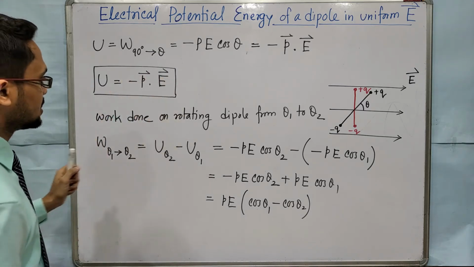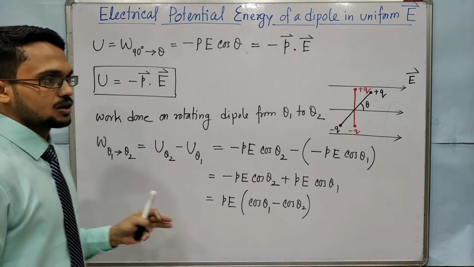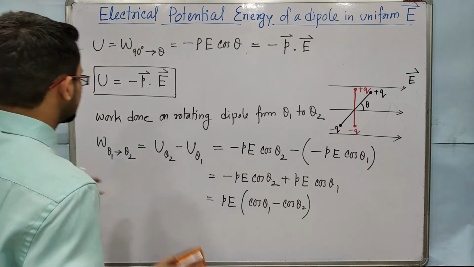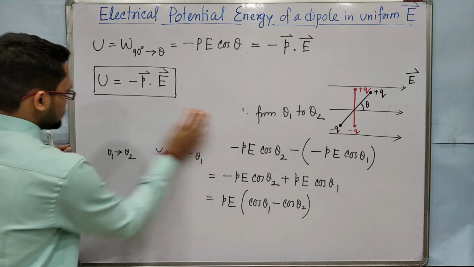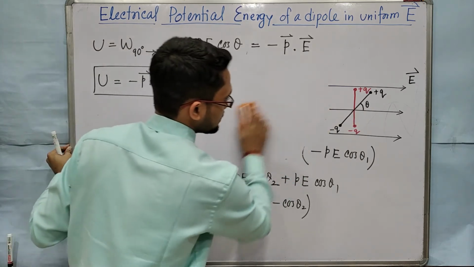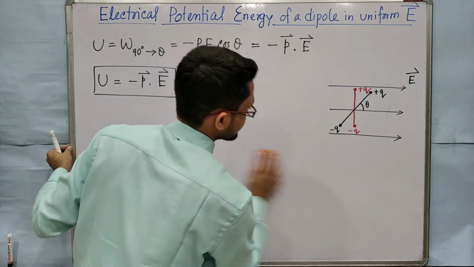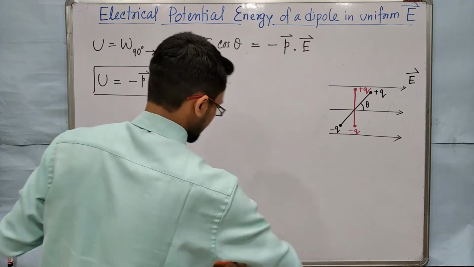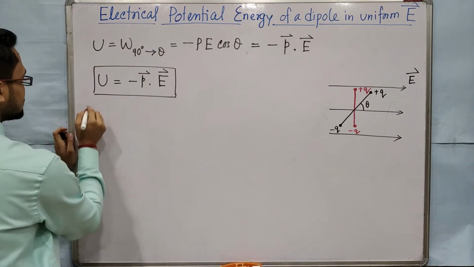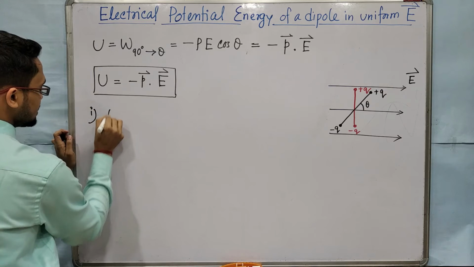Here we will discuss three angles. Then we will see which one is the equilibrium position for the dipole. One by one. First, when theta equals 0 degrees.